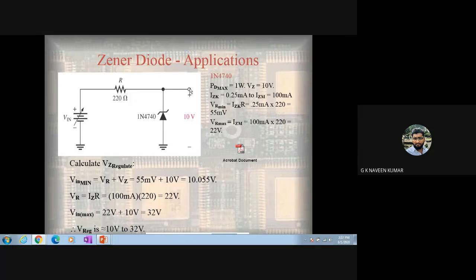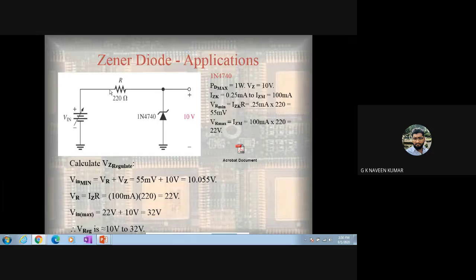We don't have any current division, so the current flowing through the Zener diode is the same as the current flowing through the resistor. The minimum and maximum current through R are given.